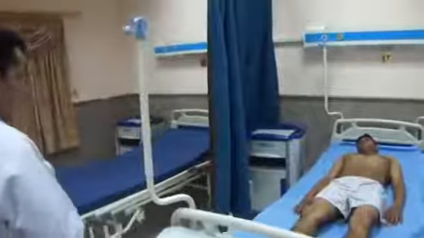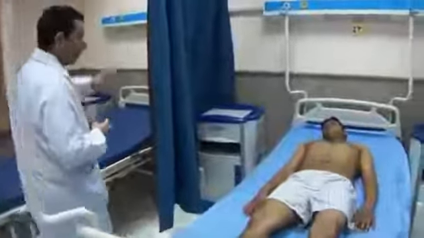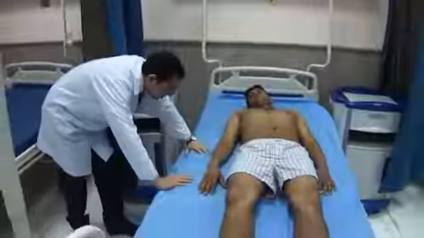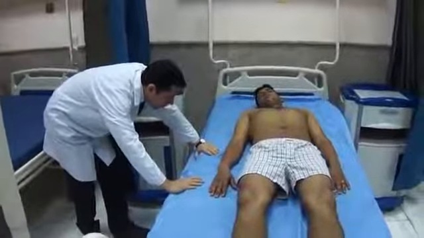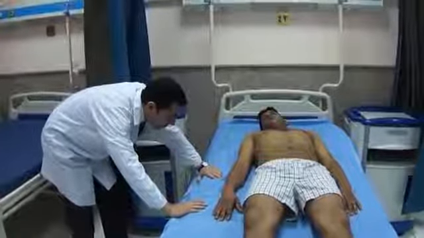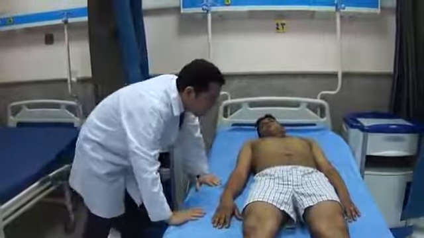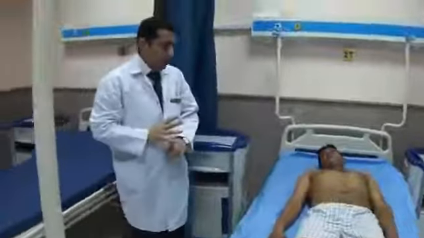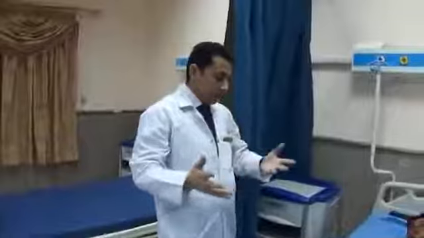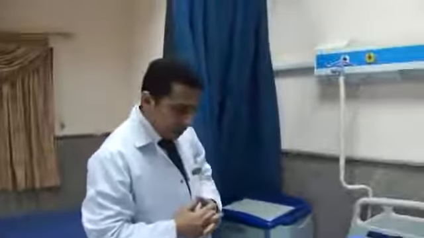Then I'll kneel or sit at the side of the abdomen, also to look for these 3 parameters. As I said, the pattern of abdominal movement, texture of the abdomen, and contour of the abdomen. I shall talk about them now.